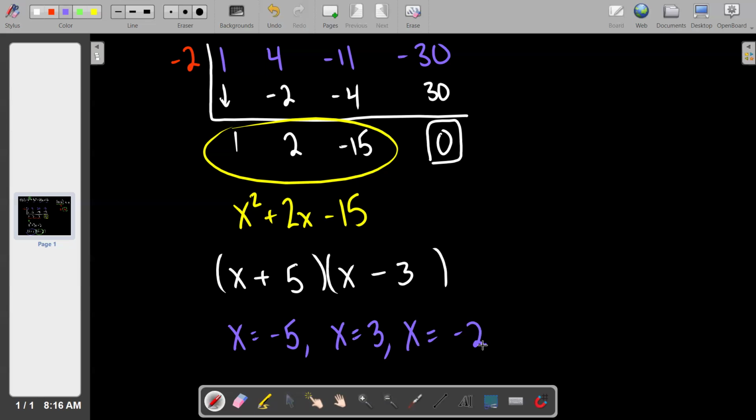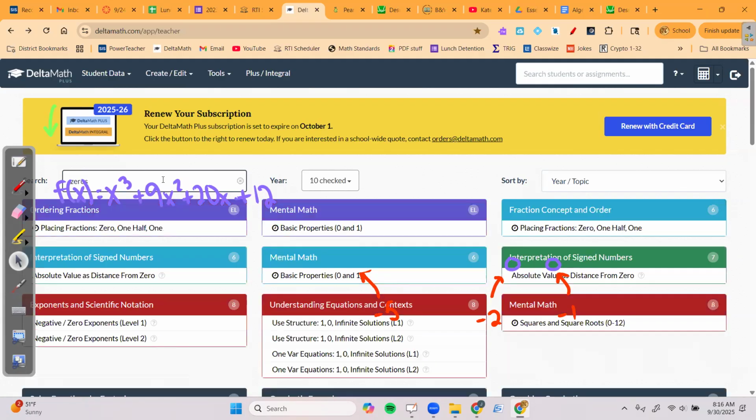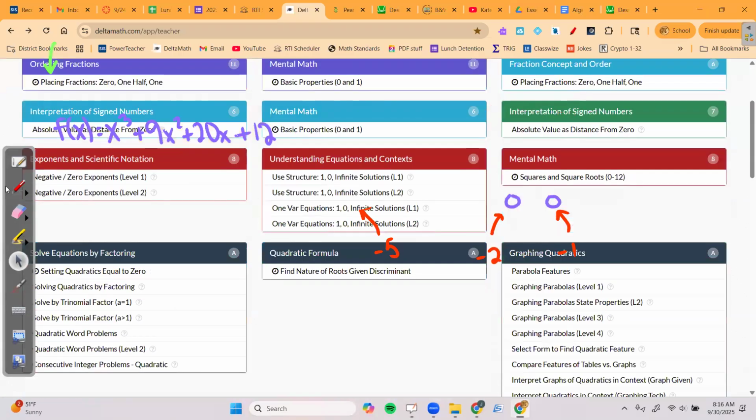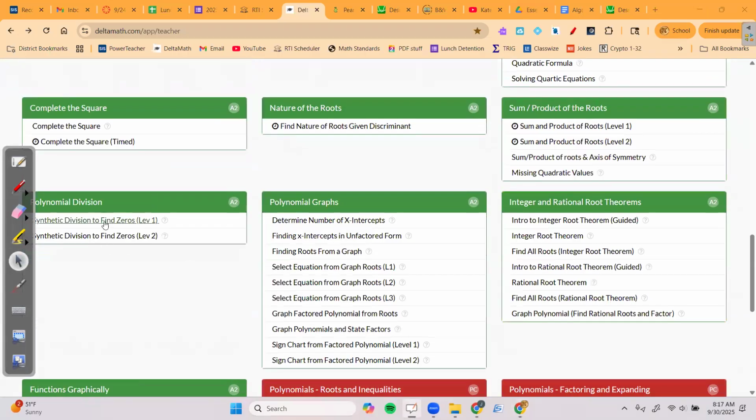Okay, and the way Delta is going to have you do this, let me see if I can. I think I have it up and running. Yeah, sorry about that. Super bright. So you'll see here, I had a choice: synthetic division to find zeros, level one or level two.